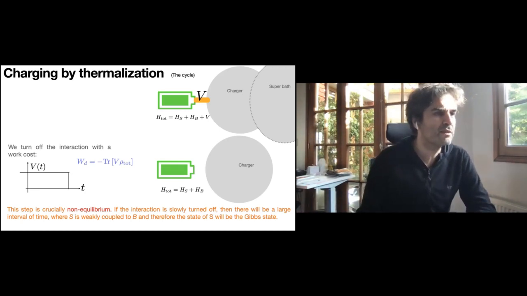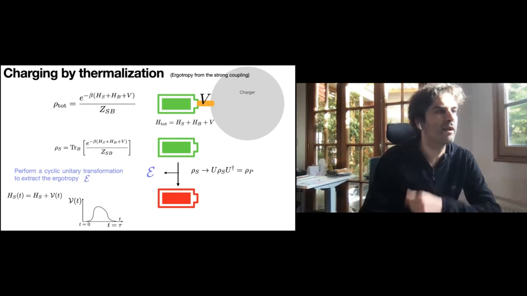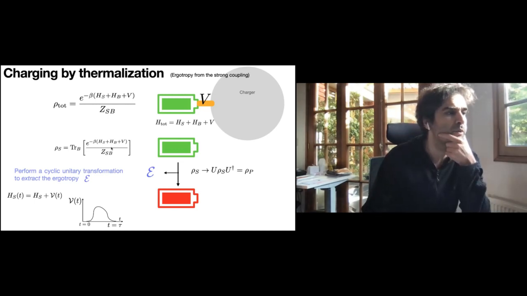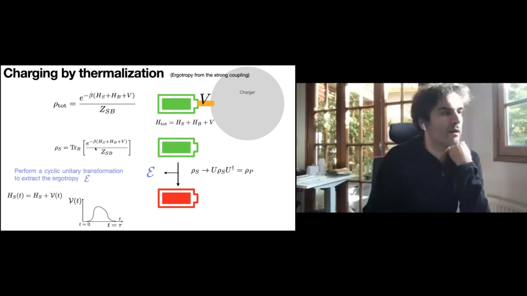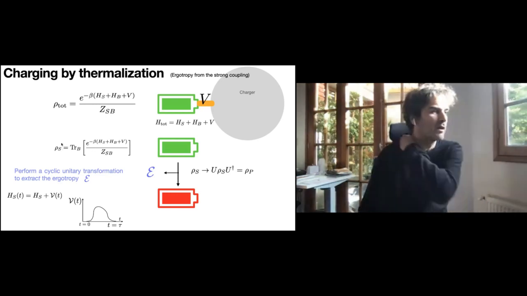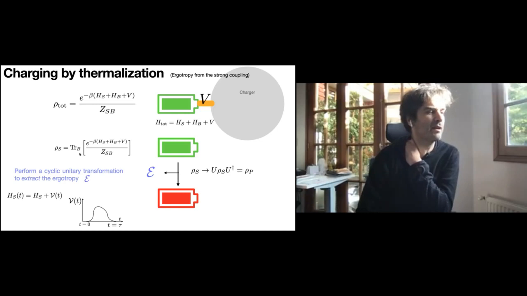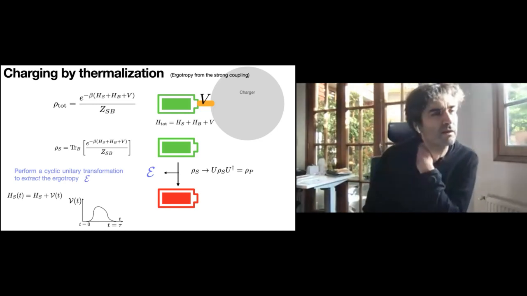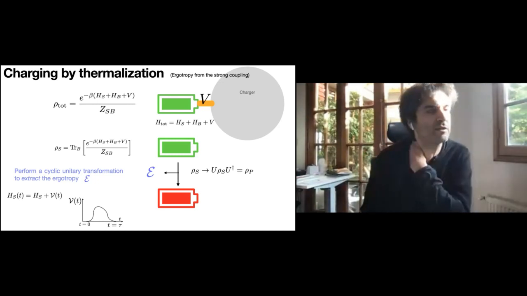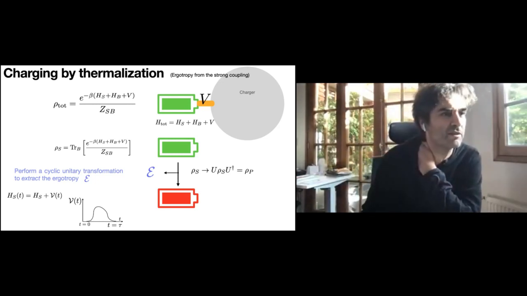Then when the battery is disconnected, we can compute the state of the battery by tracing out the bath from this global state, which is the global equilibrium, and we express the state of the battery as the reduced state. And here we perform the unitary transformation that extracts the energy of the battery.